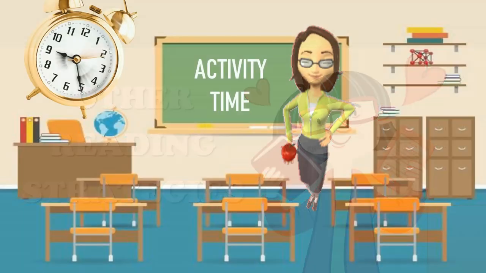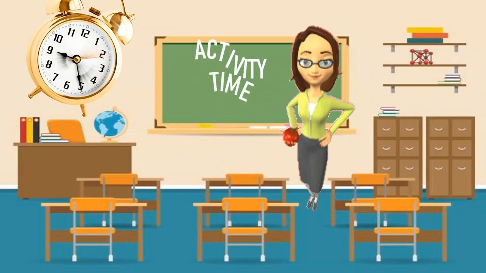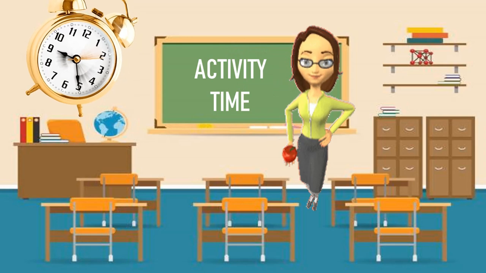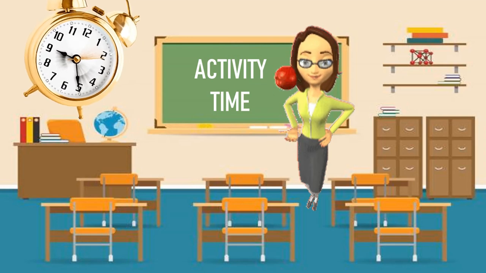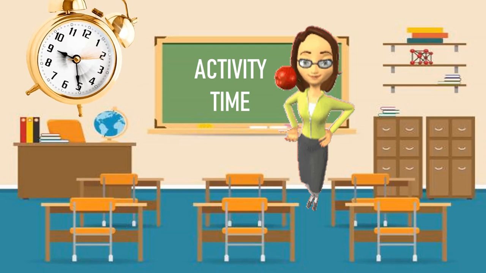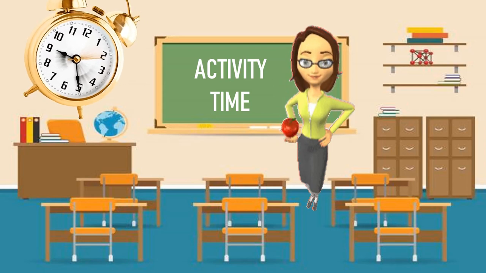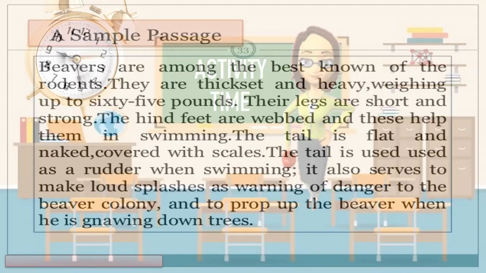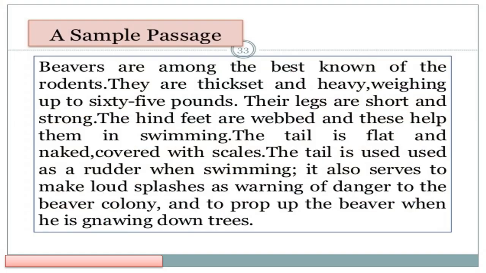And to do this, we will have an activity first. So I want you to get another sheet of paper and your ball pen. Okay? And if you already have your paper and pen, I have here a passage. What you are going to do is that I want you to scan the text and identify its structure first. Okay?